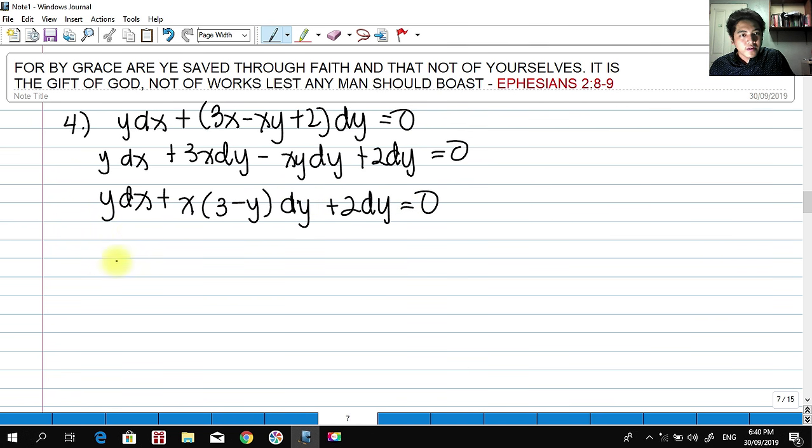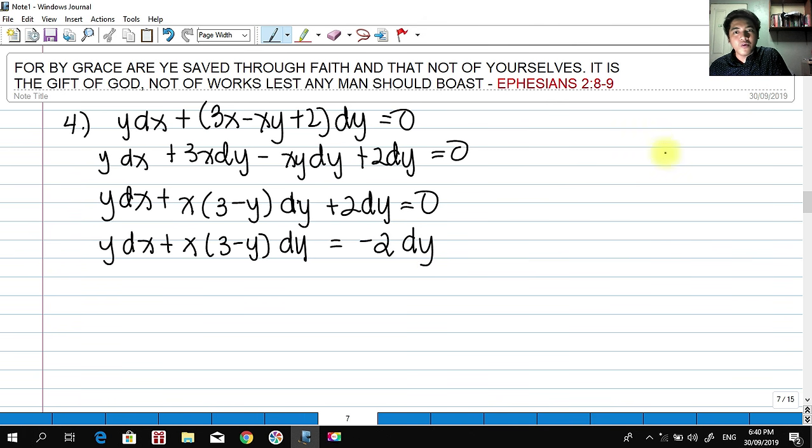So furthermore, y dx plus x times (3 minus y) dy is equal to negative 2 dy. Agree? And if this is linear in x, remember that our formula for linear in x is dx over dy plus p of y multiplied by x is equal to q of y.